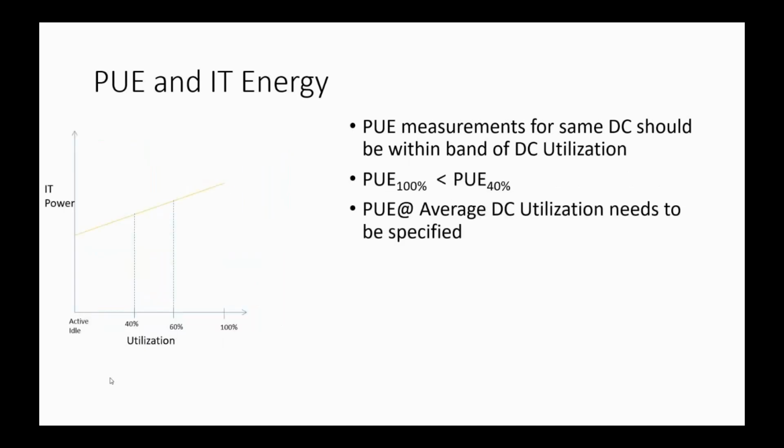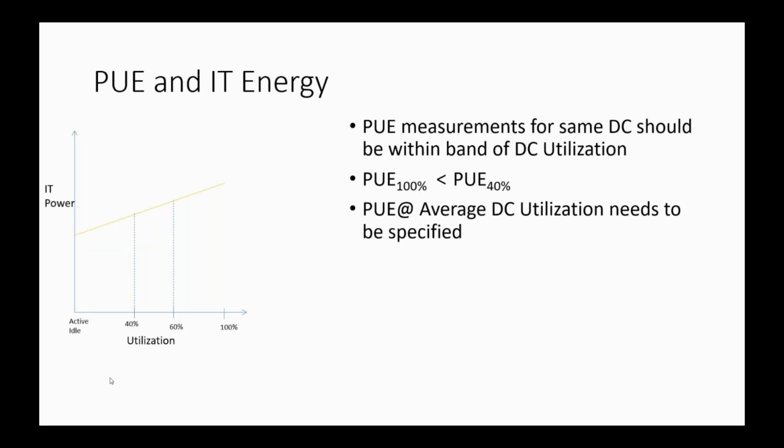Now if you look at IT power versus utilization, unfortunately, it's not linear. There is an active idle point, and then there is a 100% utilization point, and this is what Jeff was talking about. A lot of the metrics and control knobs that exist came into being because people were worried about tripping the breaker, so they needed to measure to figure out how not to trip it.